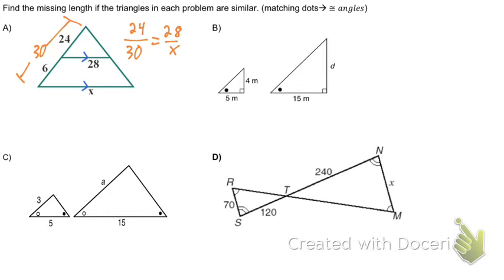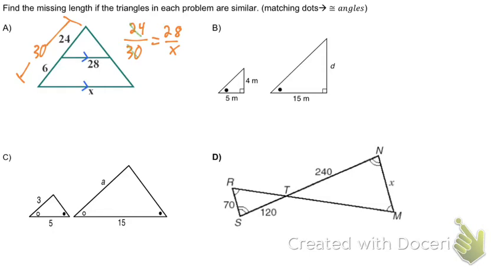Questions on the setup? So as we go through and solve, we could reduce to 4 over 5 and divide both by 6 to create smaller numbers. Would that be beneficial? Yes, especially if we're not using a calculator.